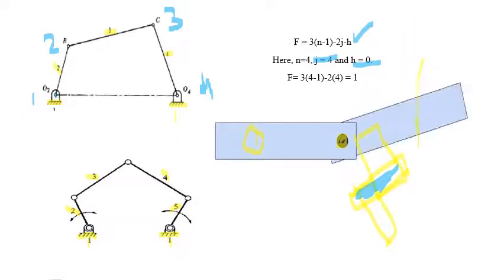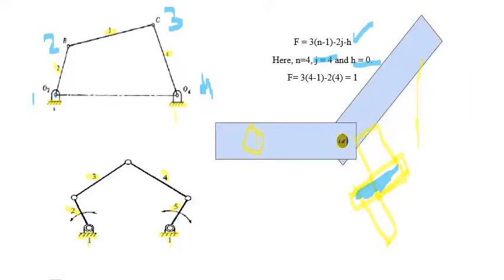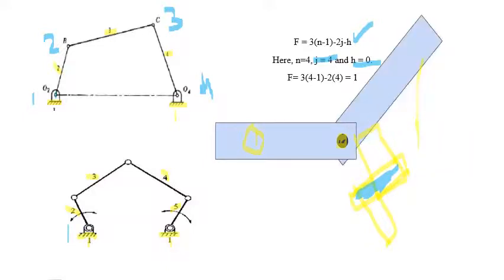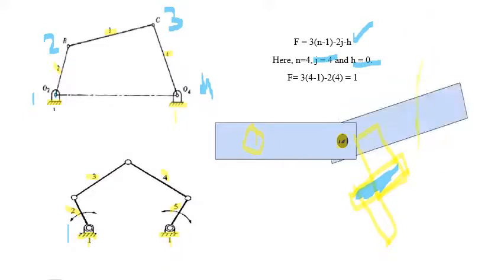Now let us see the number of lower pairs having surface contact. Links 1 and 2 have a pin joint here, and through the pin joint these two links are connected. A pin joint has surface contact. So links 1 and 2 make the first lower pair.